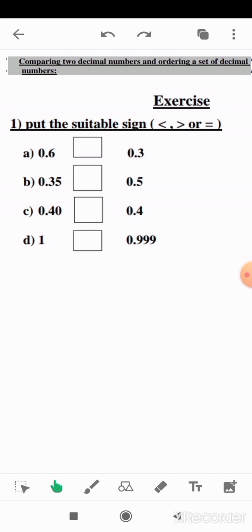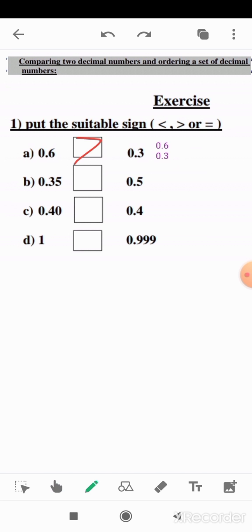First way, make the two numbers in a list like this. We have 0 and 0, point and point, 6 and 3. So 6 is bigger than 3, so this is the bigger number.